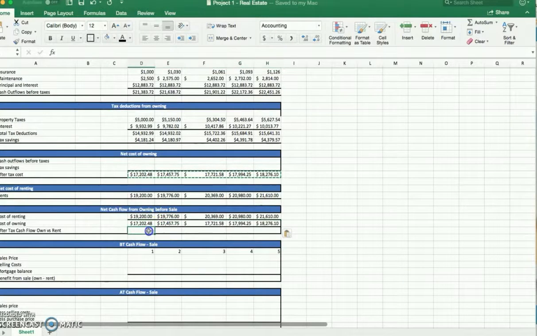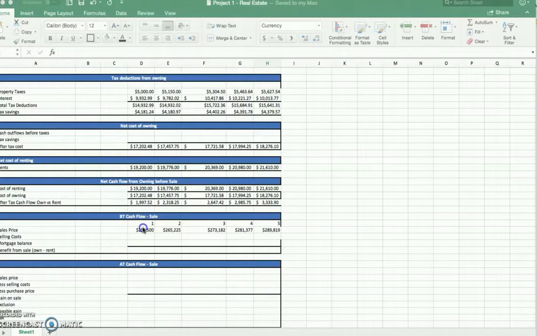And then this number is just the cost of renting minus the cost of owning. Yeah, that's how you get that section.